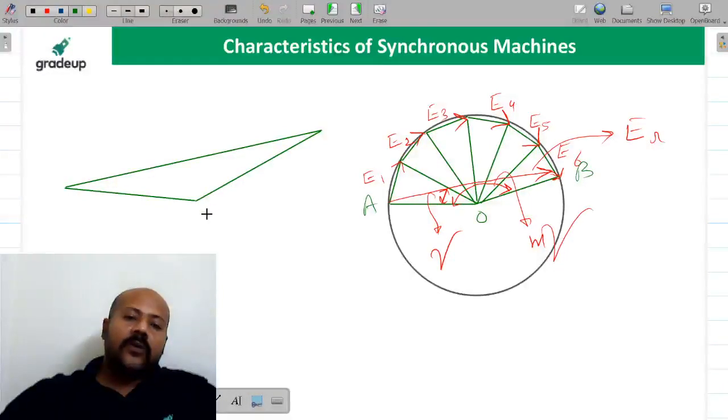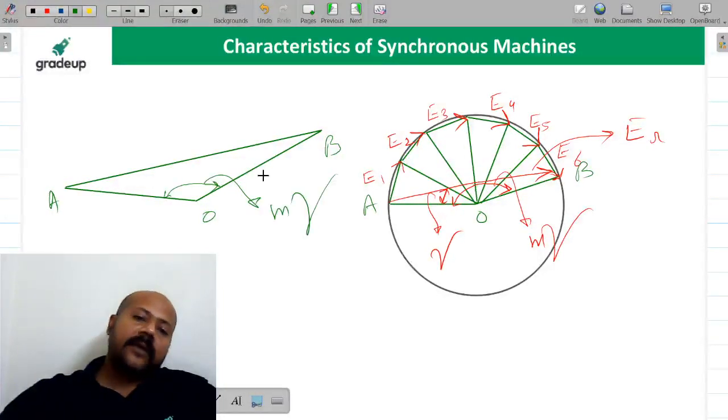This is O, this is A, this is B. This total angle is m gamma. Now I am asking you to draw a perpendicular from this O to AB. Yes or no? Suppose this is C.